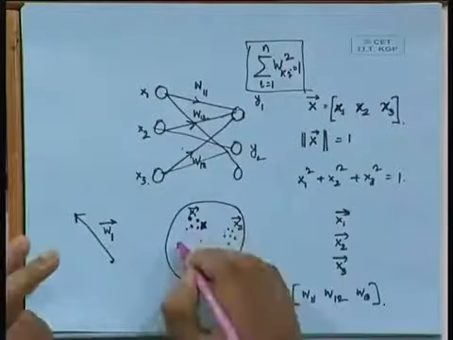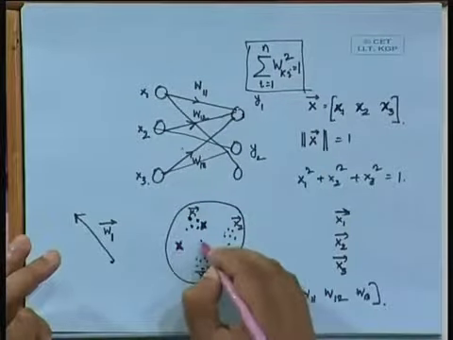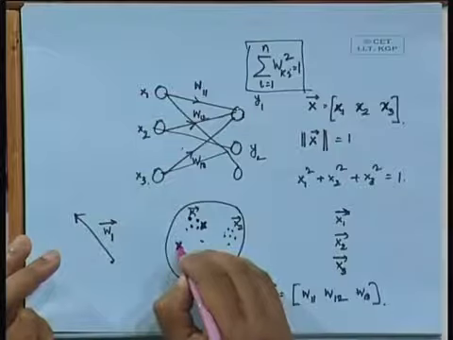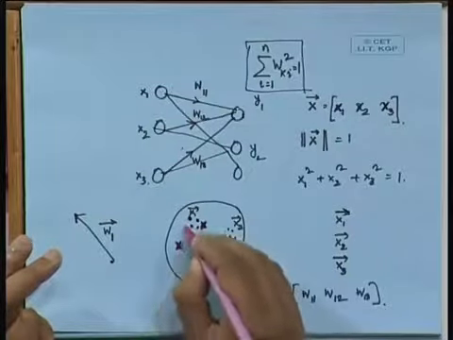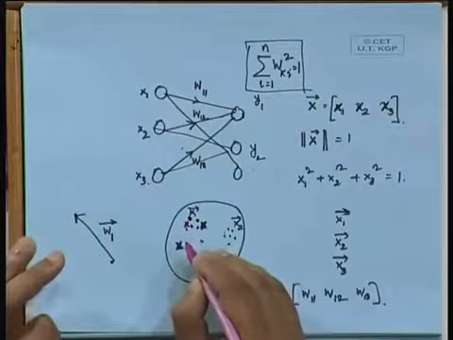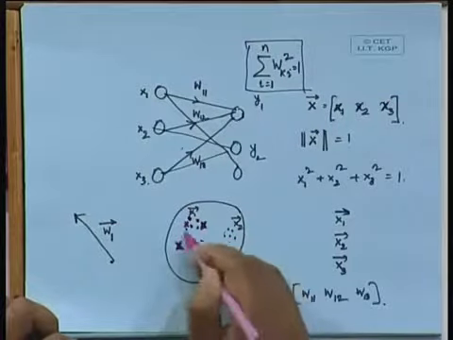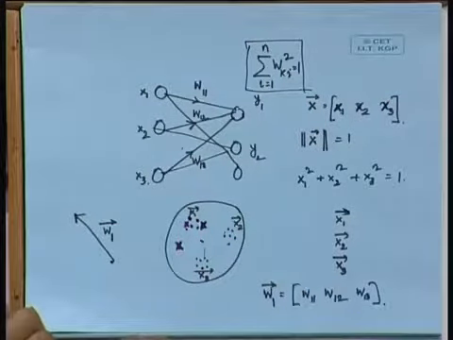That means initially if we have the vector aligned from the center to this point, now with the adjustment of the weight, the vector will move closer to this. In fact, if for all these patterns this neuron is going to be the winner, then where would you expect the weight vector to ultimately get aligned?